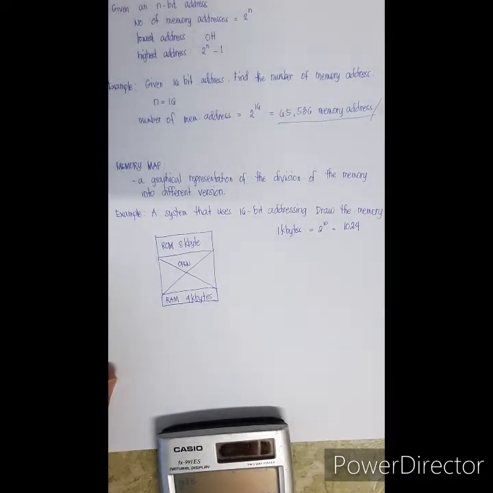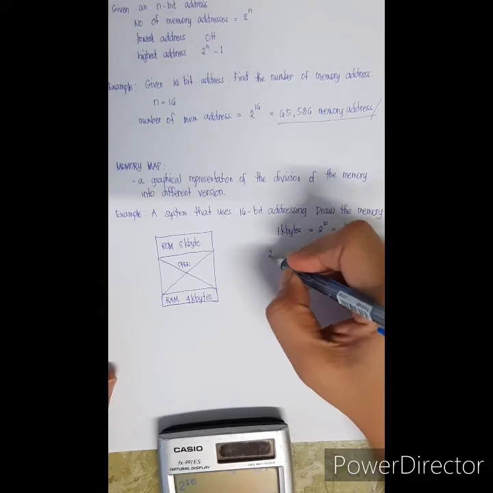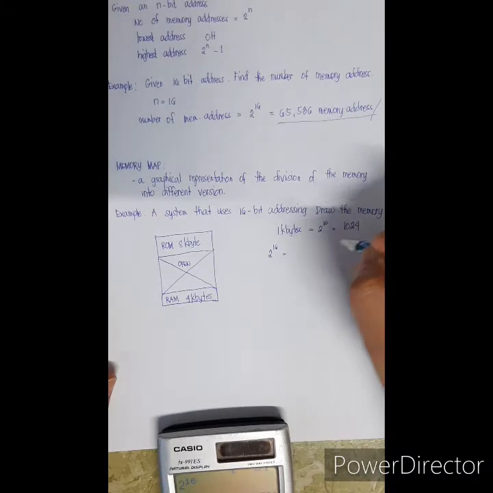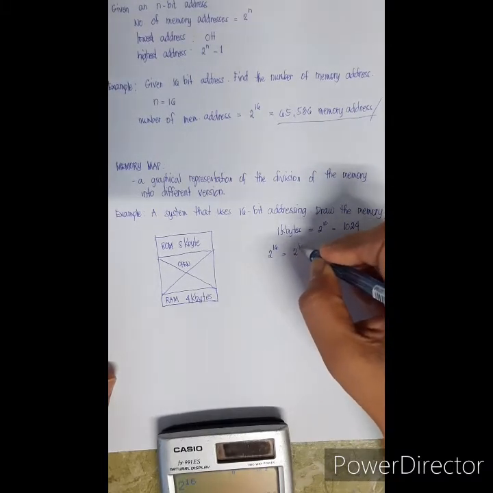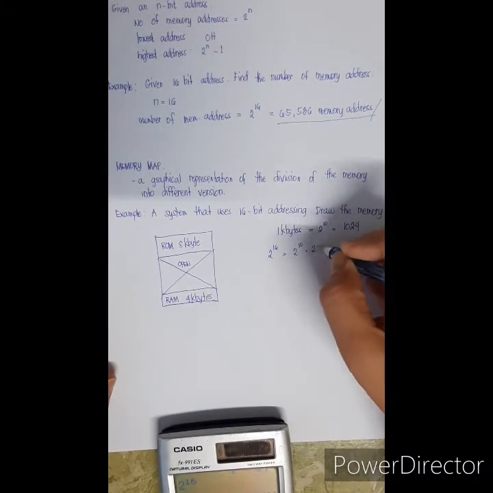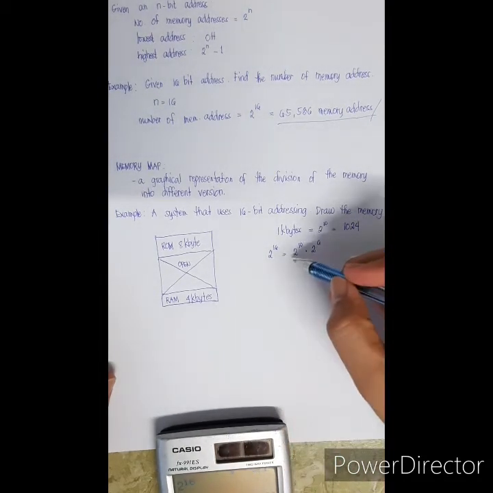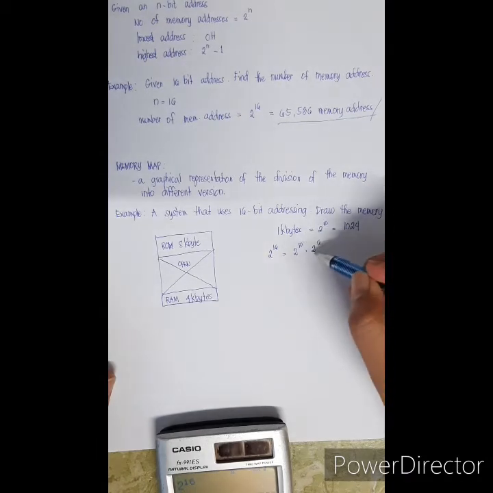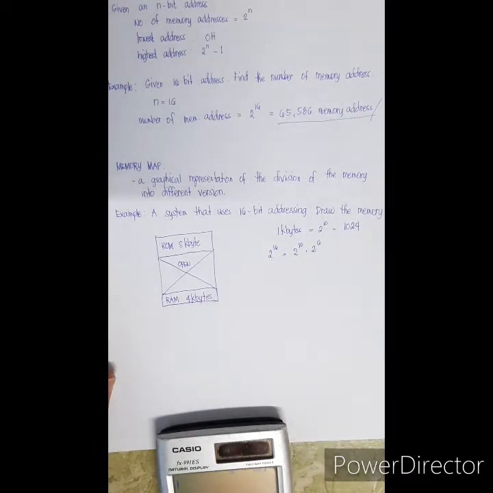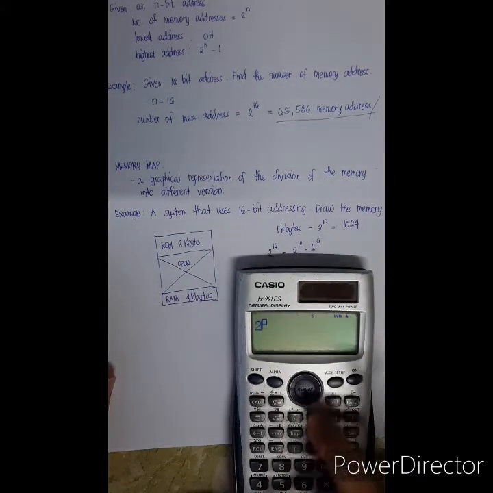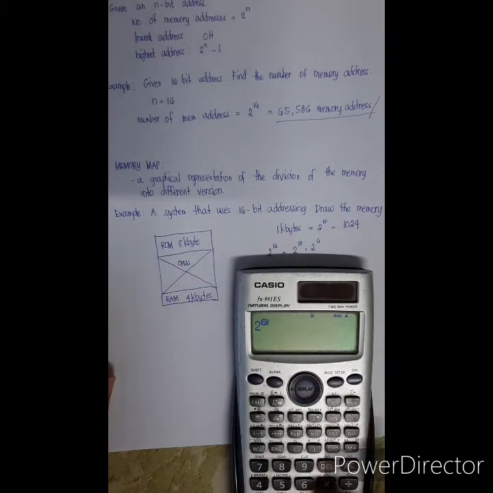Since the 16-bit addressing memory is the same as 2 raised to 10 multiplied by 2 raised to 6, and this is 1 kilobyte while 2 raised to 6, let's solve our 2 raised to 6. We have 64.